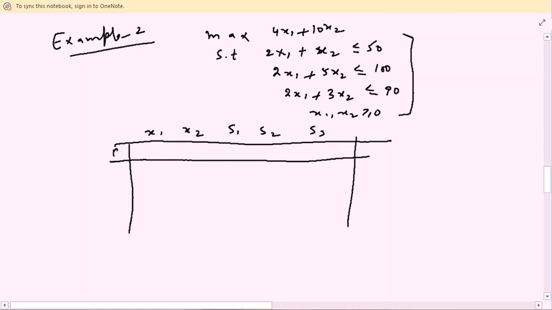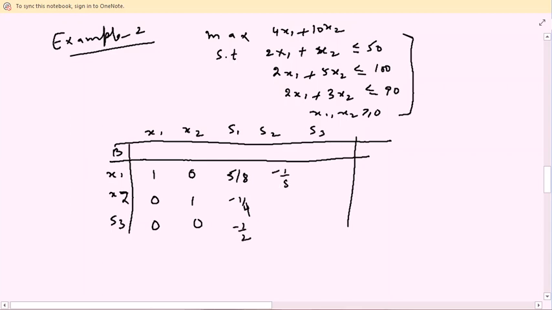So my basic variables are x1, x2, s3. So these are the entries of my simplex table. S1 is 5 by 8, minus 1 by 4, minus 1 by 2.